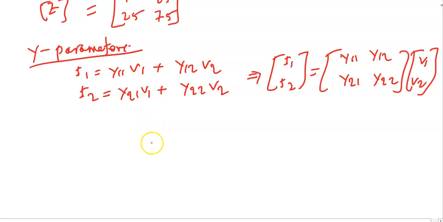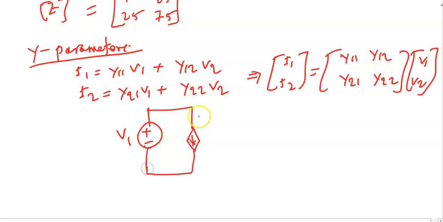The equivalent circuit you can write like this. This is your V1, and obviously there will be a dependent current source and an admittance, Y11, and this dependent current source is Y12 V2, and this is your I1.